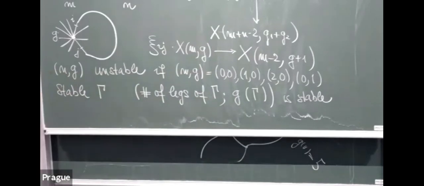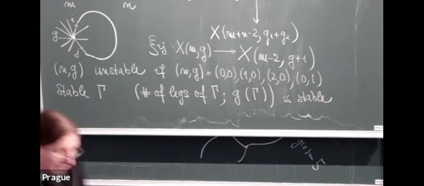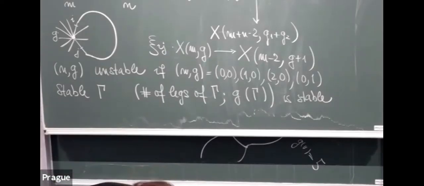And while to verify that all previous examples of graphs or classes of graphs were hereditary was easy, here you need to use some elementary properties of Betti numbers to prove that indeed the class of stable graphs is hereditary.